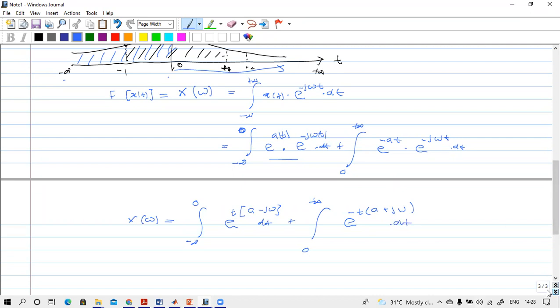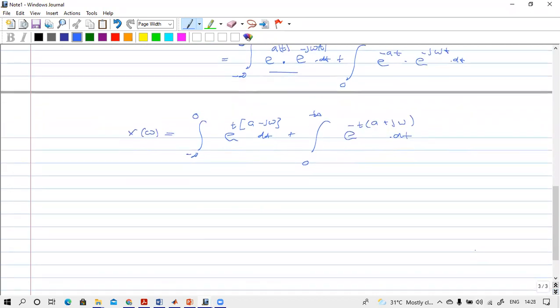Then we can easily integrate this. If we integrate this exponential term, you will get the same term, and it is divided by this constant. So this is the constant part, and we have to divide this term by the constant a minus j omega.